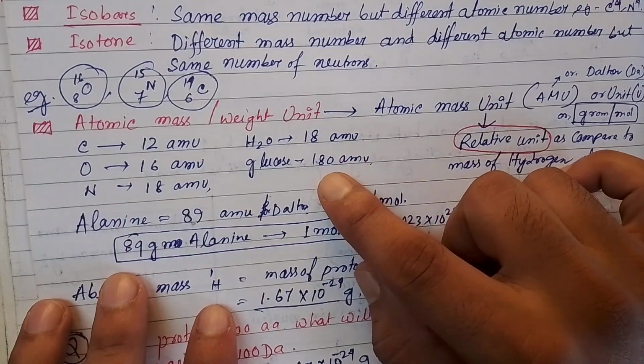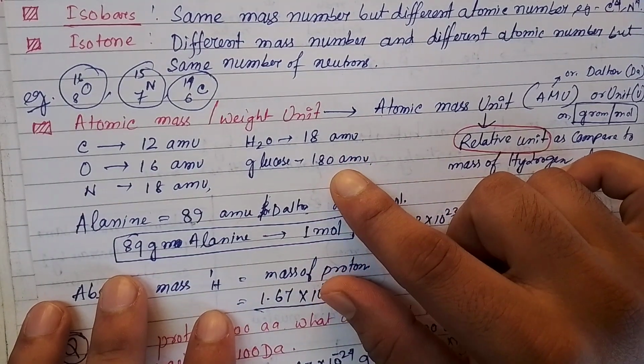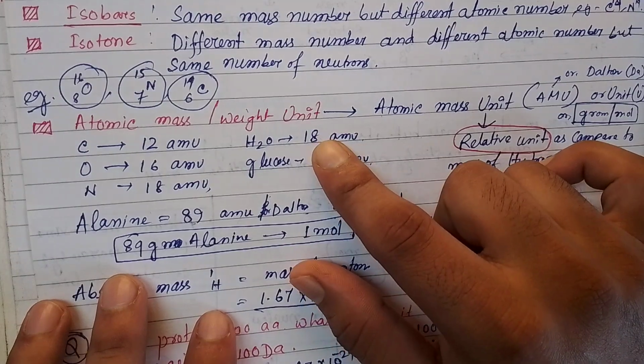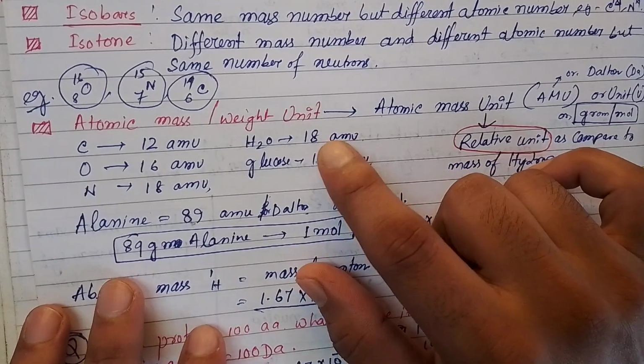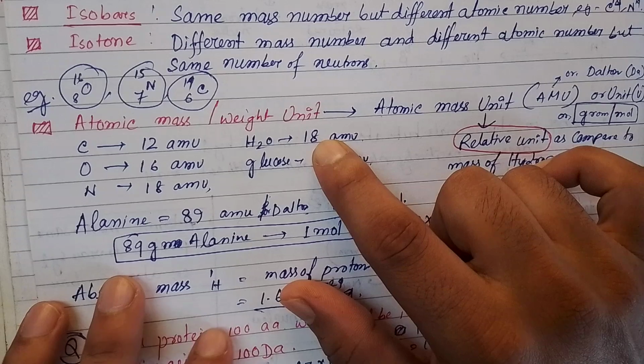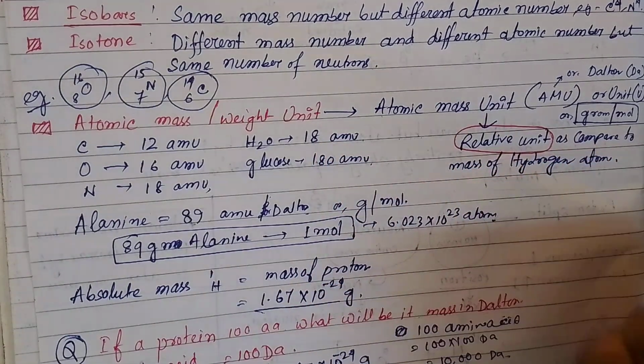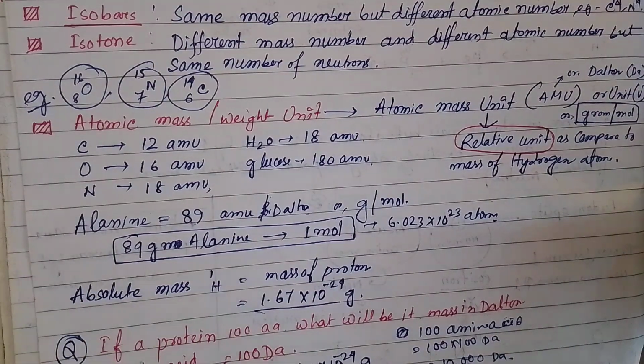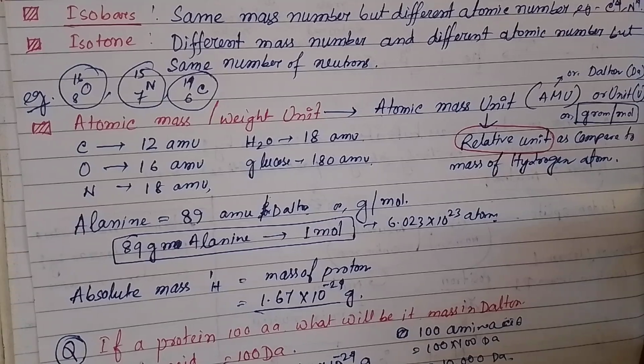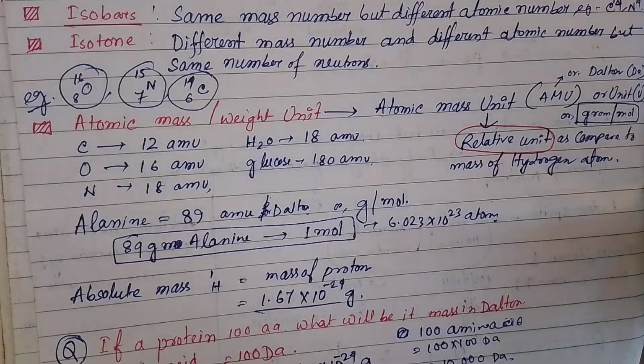If it is glucose, it will be 180 gram, and if it is water then it will be 18 gram. If anywhere 18 gram of water is there, you can say, okay, 6.023 into 10 to the power 23 molecules of water are there.